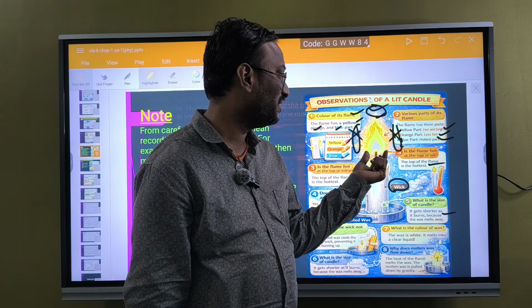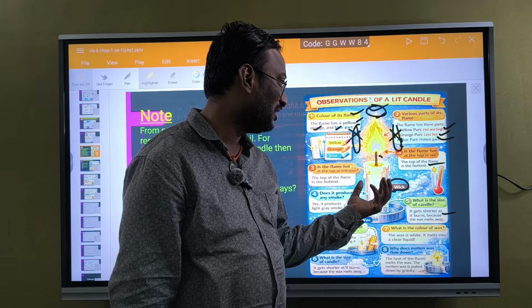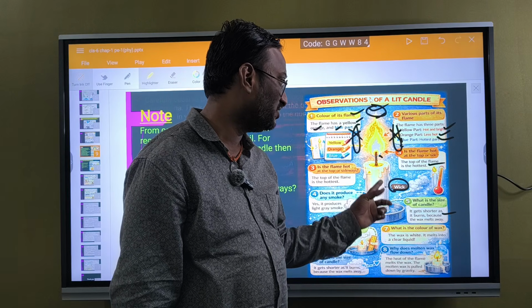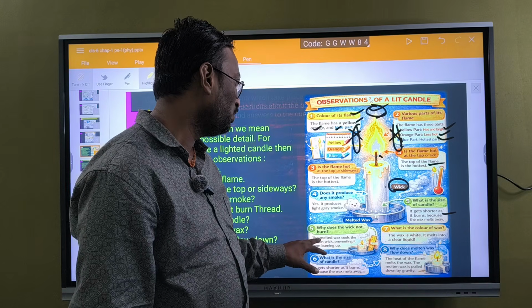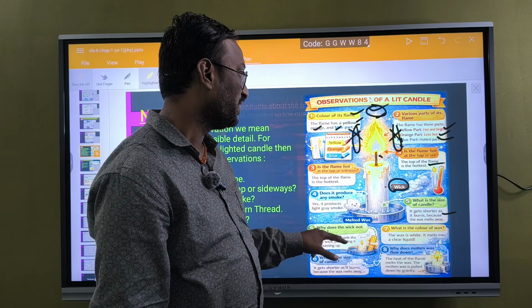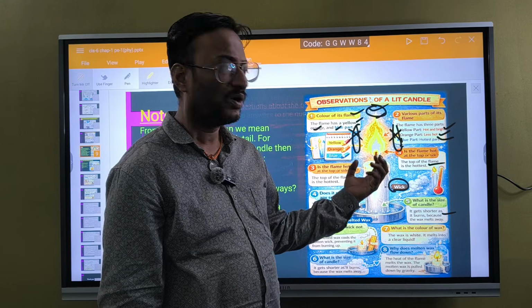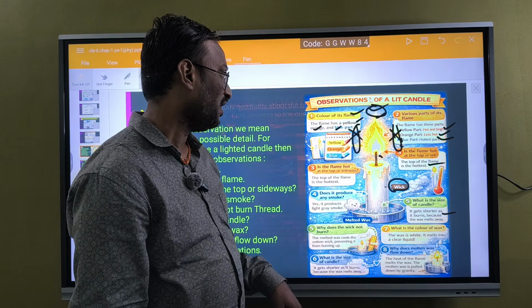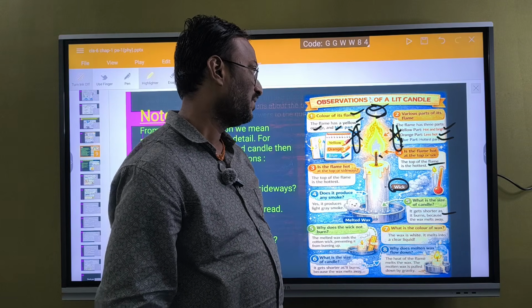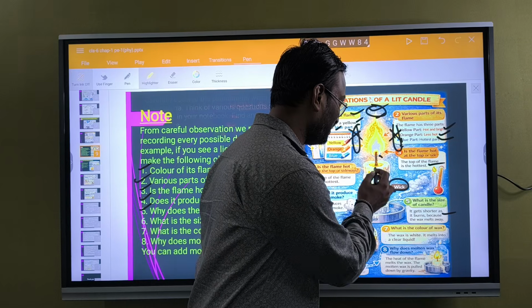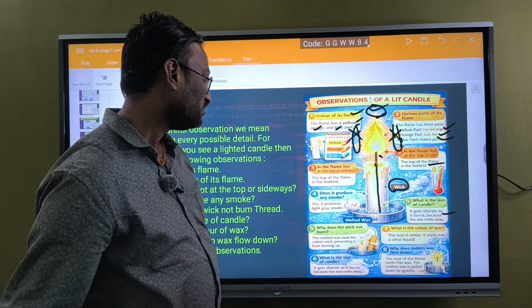While it is burning, the wax is going to melt, and the melted wax which falls on the wick will cool down the cotton wick and prevent it from burning up. Actually the wick is the thread which is present inside, we call it the wick.